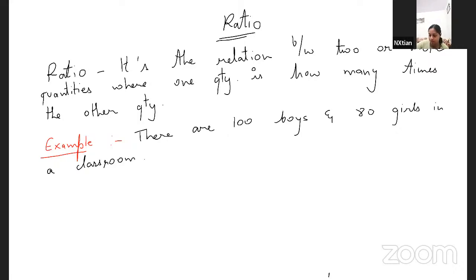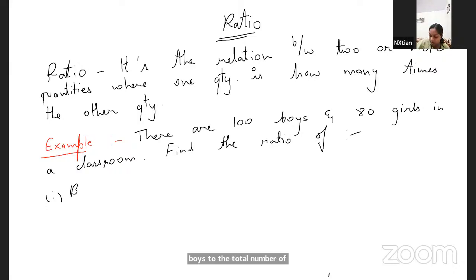We have to find the ratios of boys to the total number of students, boys to total students, and boys to girls.